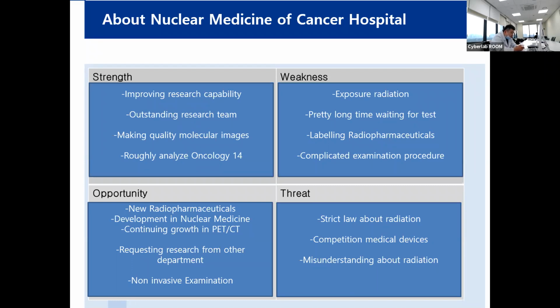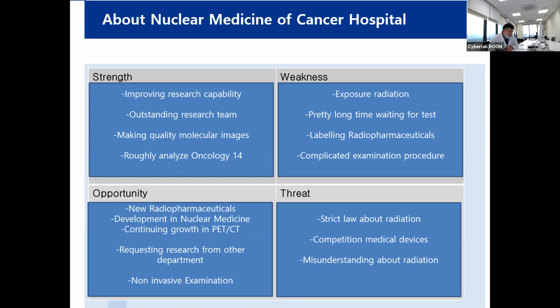The opportunity is radiopharmaceutical development in nuclear medicine and continuing growth capacity. We changed the PET system 6 years ago, but we also have old-fashioned medical devices, so within 2 or 3 years one device will be replaced with an advanced one. Next is research requests from other departments, and non-invasive examination.